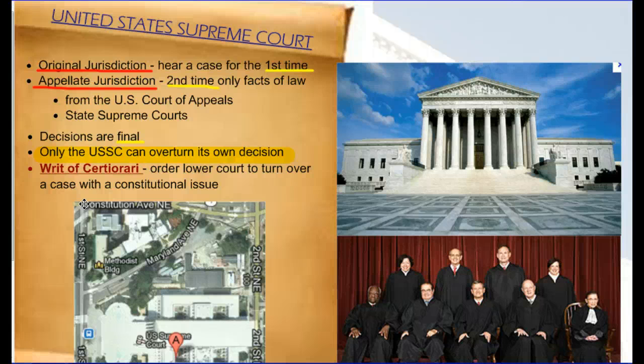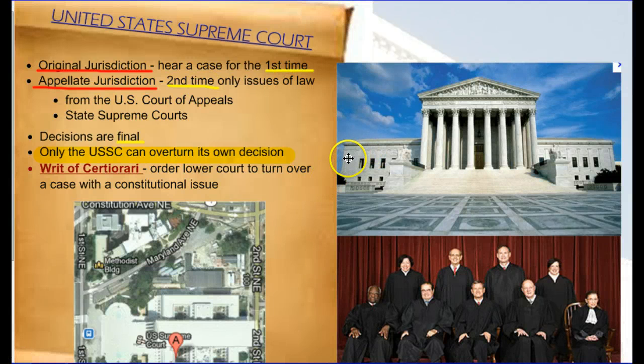It gets those cases from the U.S. Court of Appeals or the highest court at the state level, which would be our state Supreme Court. These decisions are final. Only the United States Supreme Court can overturn its own decisions. And sometimes cases aren't even appealed to the Supreme Court. They can order a lower court to turn that case over to them if they believe it's a constitutional issue.